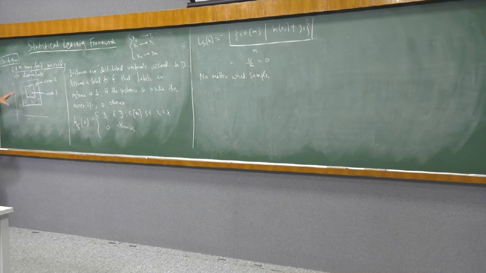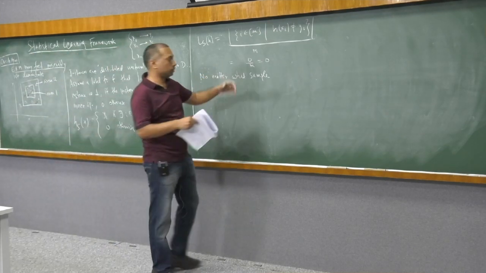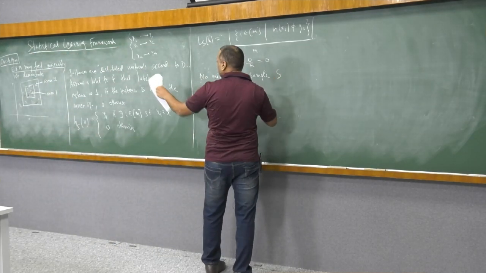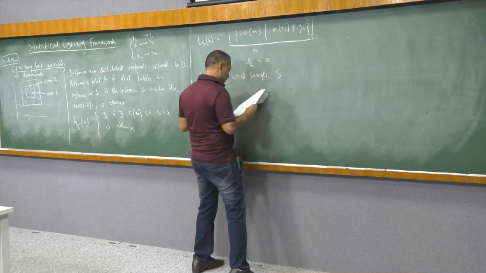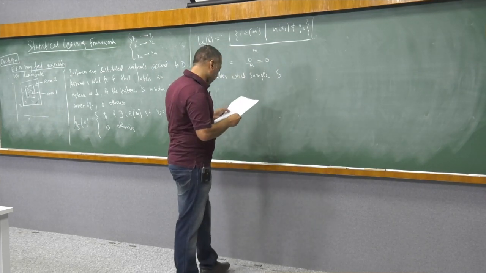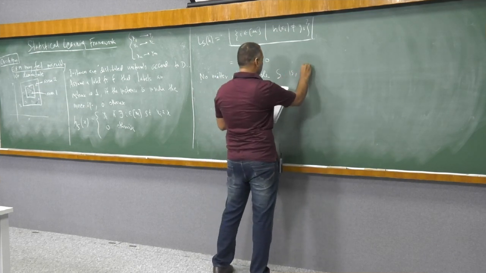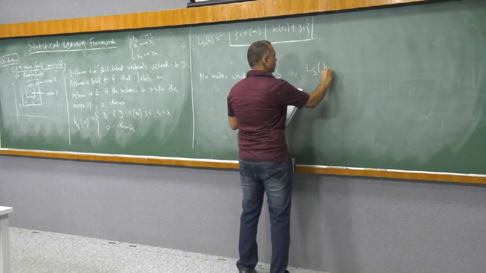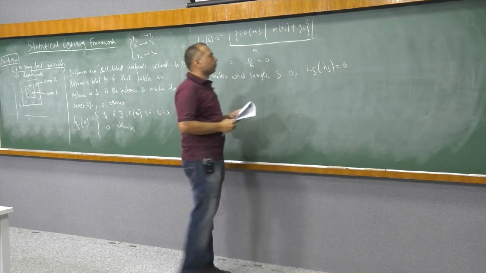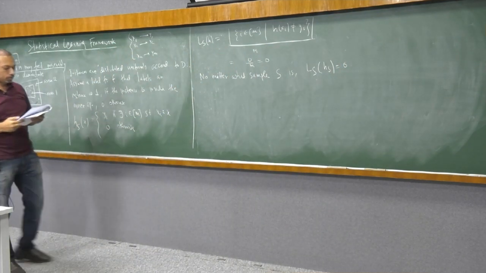It may be tricky in some other case, but in this problem where we are saying whether the point is inside or outside, I am kind of memorizing it. So no matter what the sample S is, even independent of the set S in this concentric square example, we have LS, the empirical loss, is 0, that we have proved above.